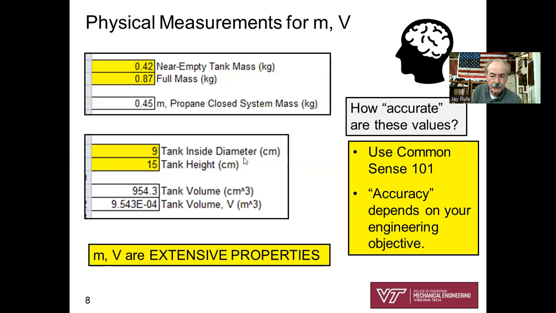We're not doing some detailed research project where people's lives depend on your measurements. We're just trying to get an answer of how much is contained in this propane cylinder. So be aware of accuracy. Notice how I'm expressing my answers in anywhere between 2 and 4 significant figures. All right, let's move ahead.